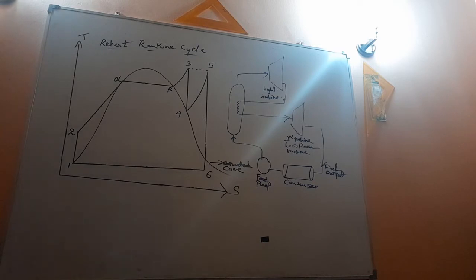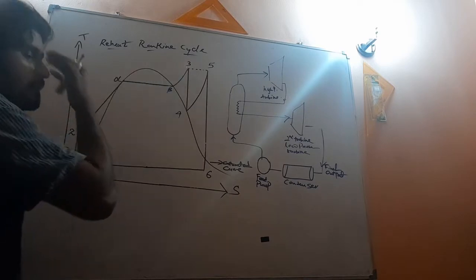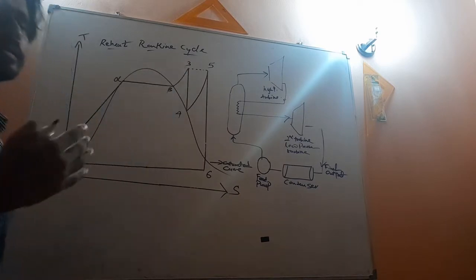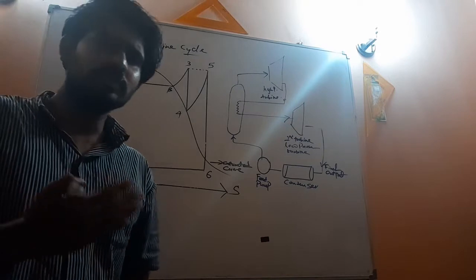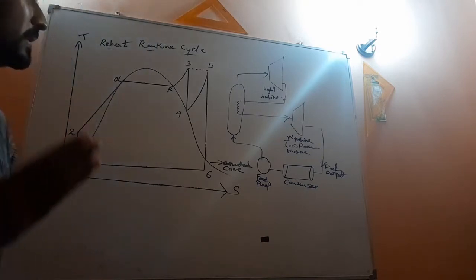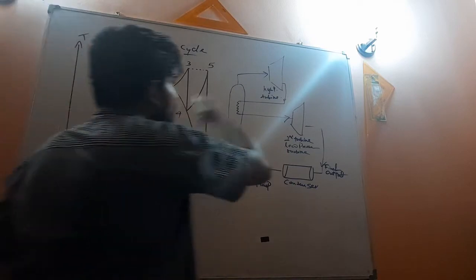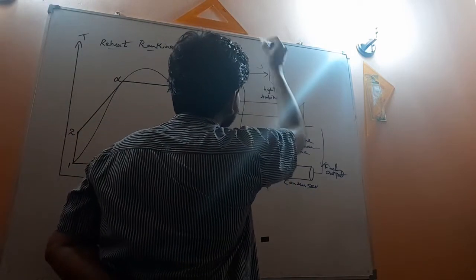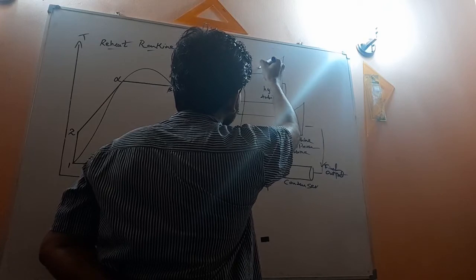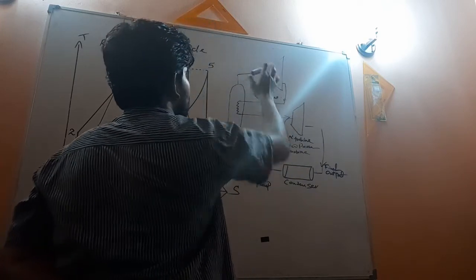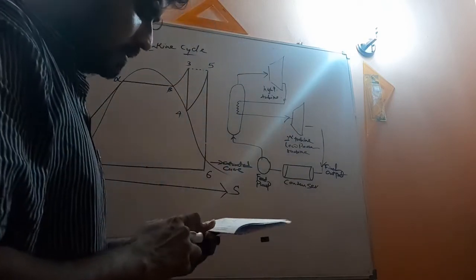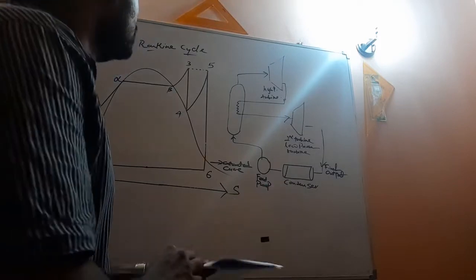Now focus on this point 3. This point 3 is the starting point or the input to the first turbine. So point 3 is here. Use the black colored one, it's not clear.